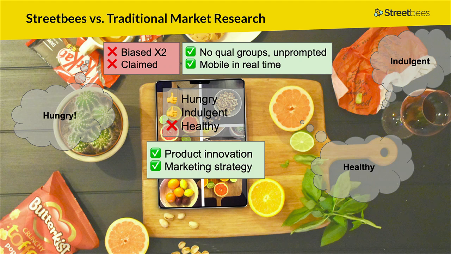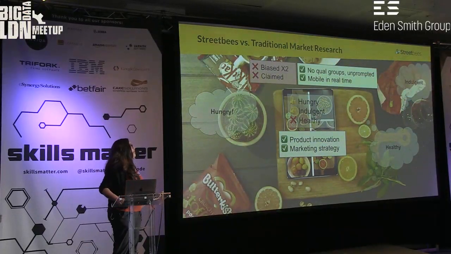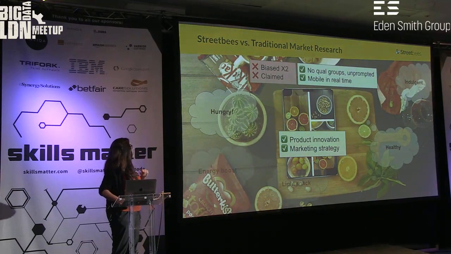That means it's not prompted, which is really key because that lets people say what they actually want to say. It's also not claimed. Often it's just when you're purchasing your lunch, for example, or when you're eating it, that's the moment we capture. So it's on mobile, in real time, and it's not claimed. People really can say whatever they want.